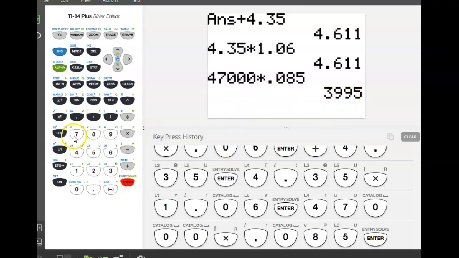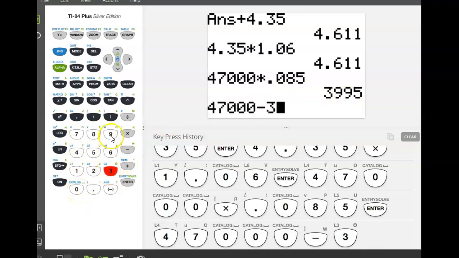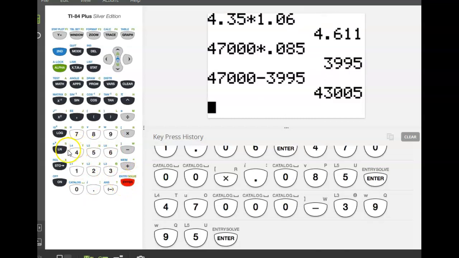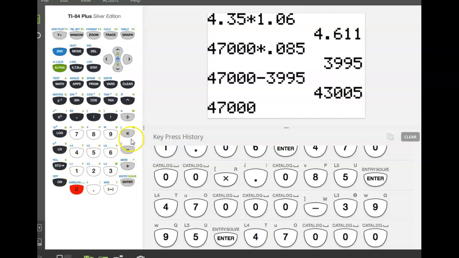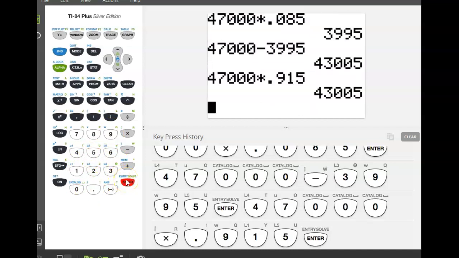I have to now go and subtract it from the 47,000. 47,000 minus 3,995. Whereas I could have done it all in one step, times, well, not 0.085, because I want to know what's left of that. So it's 0.915. And I get the same value, okay?